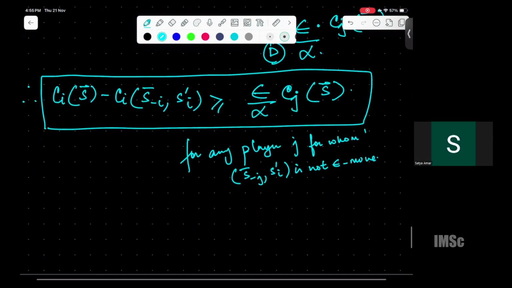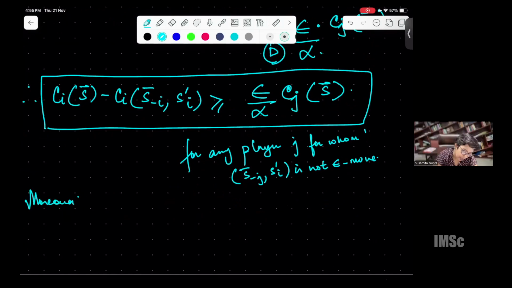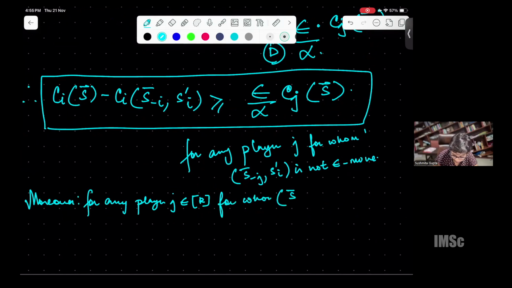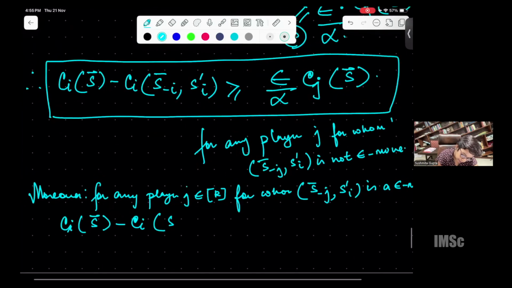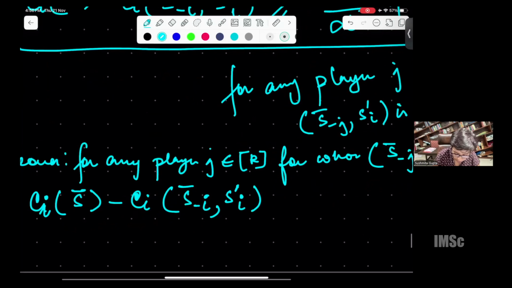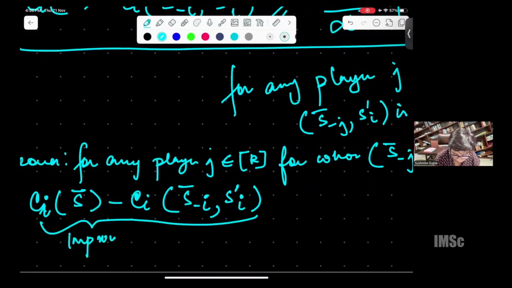Now, moreover, for any player J, some other player for whom S prime I is an epsilon move, I already have this condition on CI of S. This is the improvement of the max gain player.